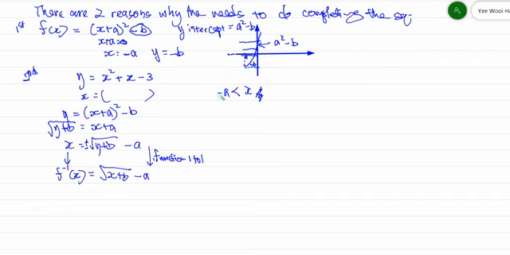When you specify the domain, and there is only a certain part of the quadratic function, then if you draw a horizontal line, it only intersects one point. Okay, so now come back to this. How do you decide whether to pick the positive or the negative? You have to go back to the question and look at the domain that is specified. You go back and look at the x.